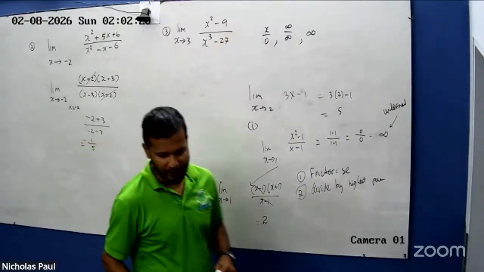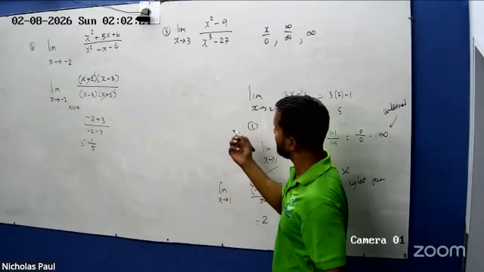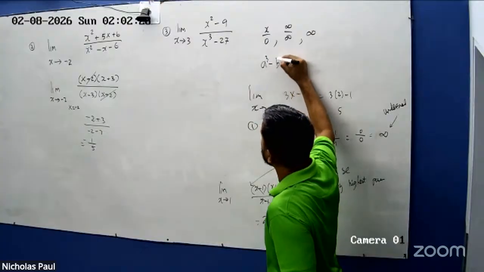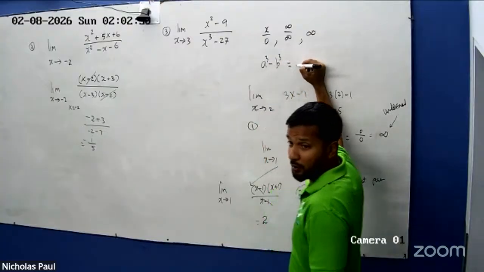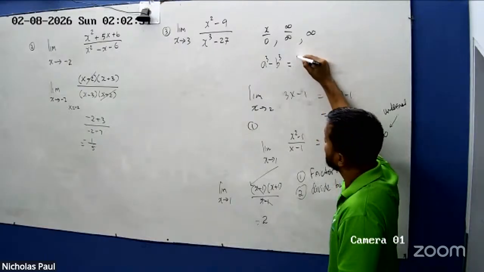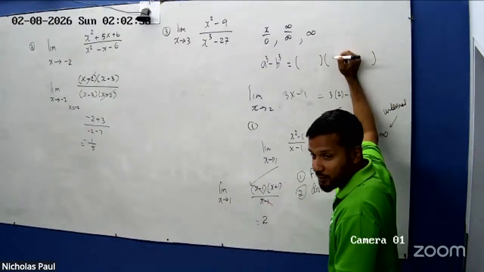Try number 3. Adam, you remember this expansion? What is a cubed minus b cubed? You factorize it, yeah. Open it and then close it.